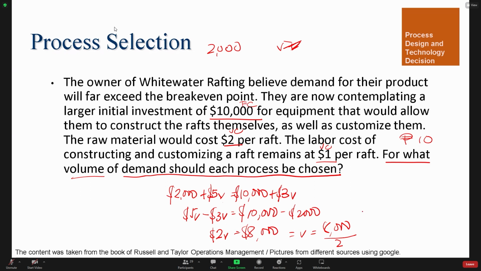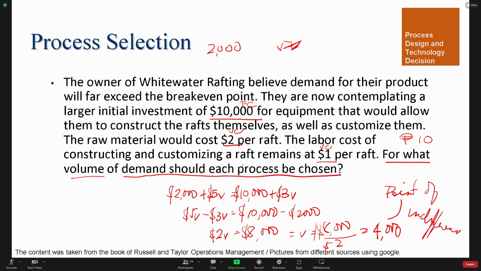So, what's the volume of demand? Dollar, dollar, cancel, cancel. Gaano karami? What's the volume? Okay, the answer is now 4,000. Sir, is that 4,000 now is your break even? No. This is what we call the point of indifference.